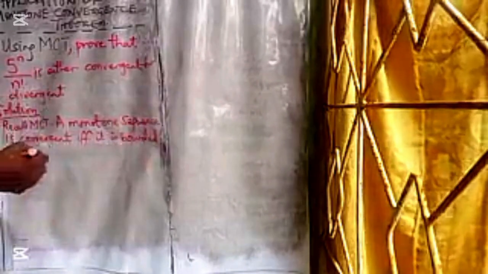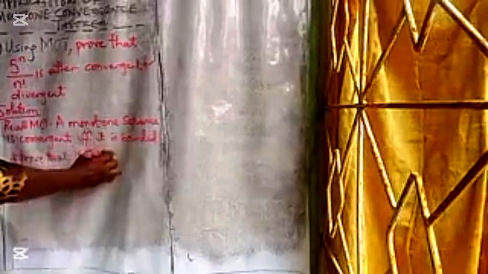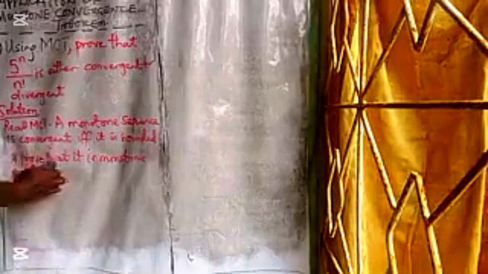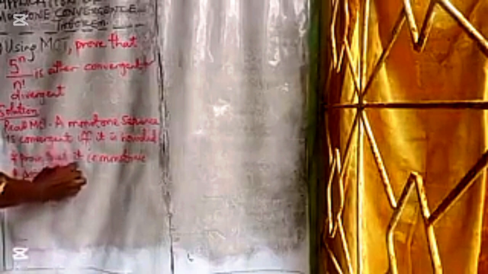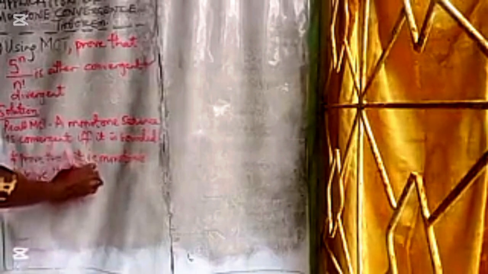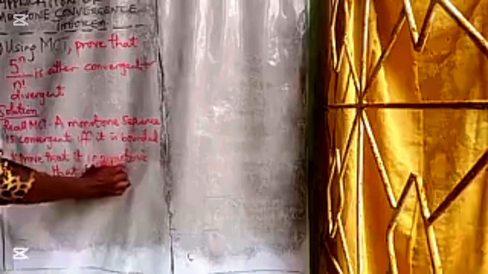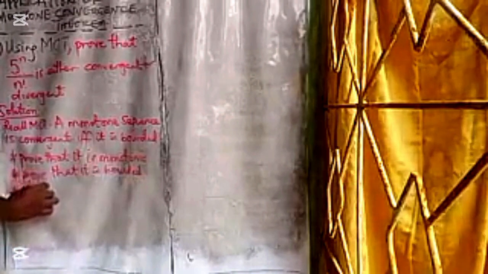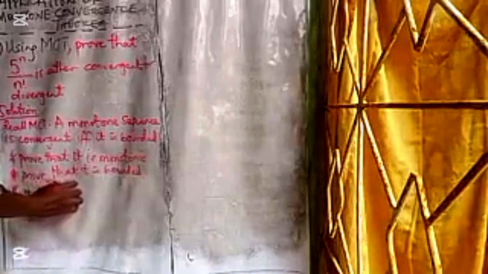So to solve a question like this, the first thing we need to do is prove that the sequence is monotonic. Then we prove that it is bounded. We can then conclude by MCT that it is convergent.